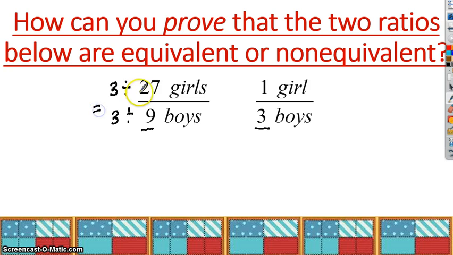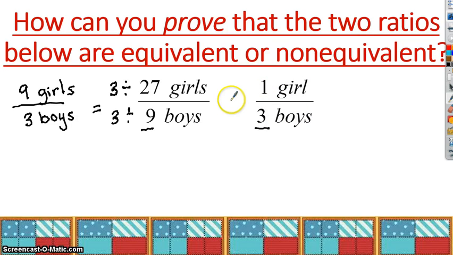If I take the 27 girls and split them 3 ways, I would get 9 girls for every, and 9 boys divided into 3 groups would make 3 boys. So is 9 girls for every 3 boys equivalent to 1 girl for every 3 boys? And the answer is no, they are not equivalent.